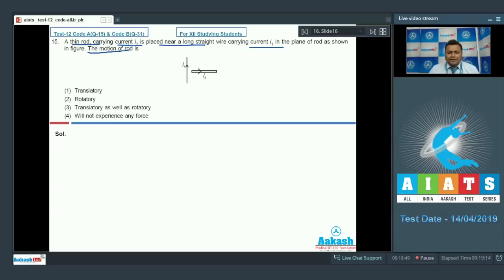Now we know very well the wire carrying current I1 produces a non-uniform magnetic field around it. So therefore forces acting on wire number 2 will be different at different elements. The force that will act here will be different, and the force that will act at that element will be different. So the force at the nearer end will be maximum because the magnetic field due to wire 1 at that point is maximum, and the force at the farther end will be minimum.